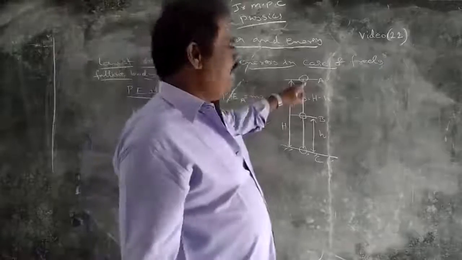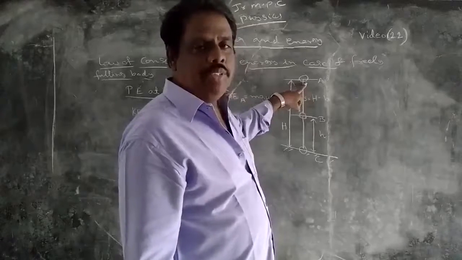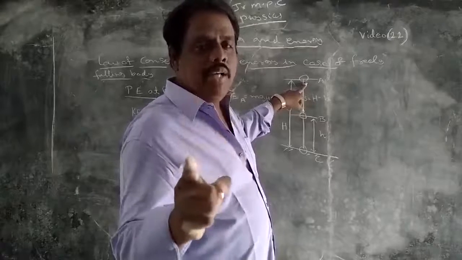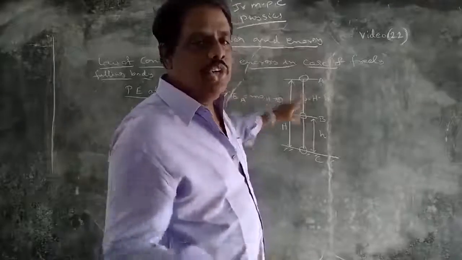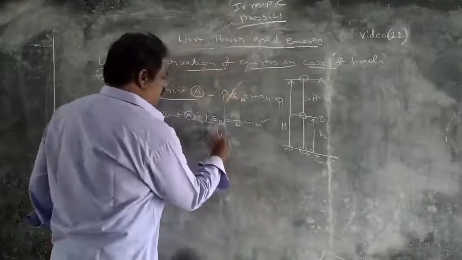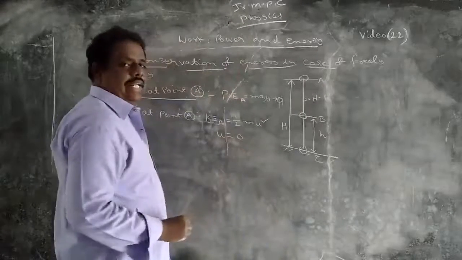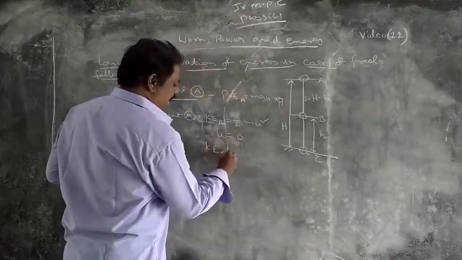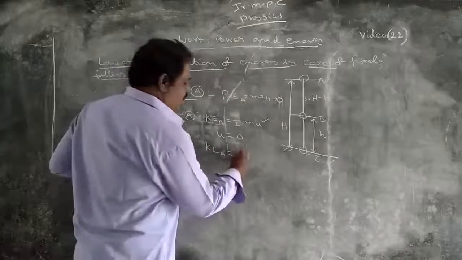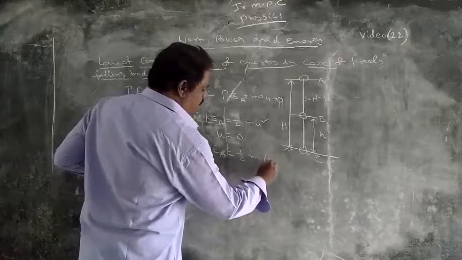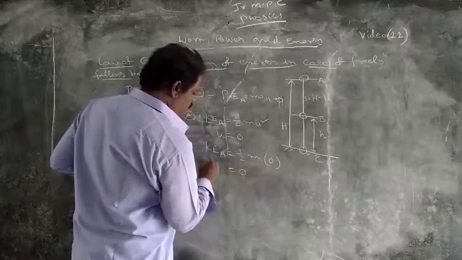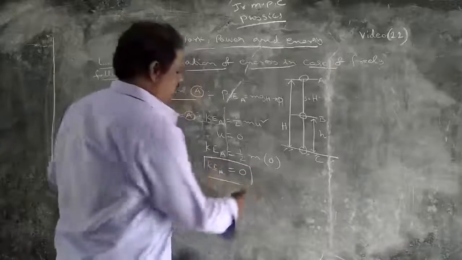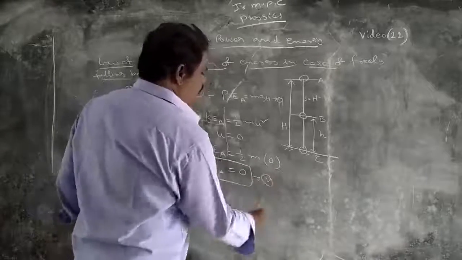But here it is a freely falling body from a certain height H. For all freely falling bodies, remember, initial velocity u is equal to 0. Therefore, kinetic energy at A is equal to half m into 0, that is equal to 0. Kinetic energy at A is equal to 0. So, this will be equation number 2.